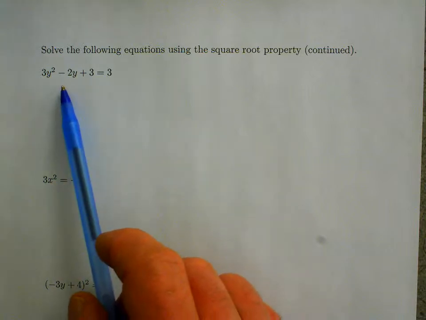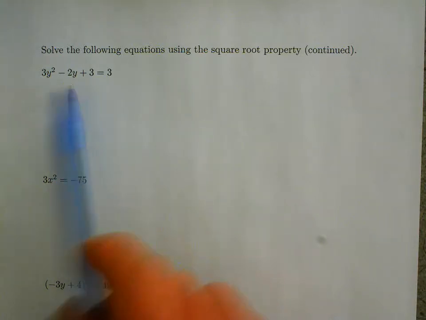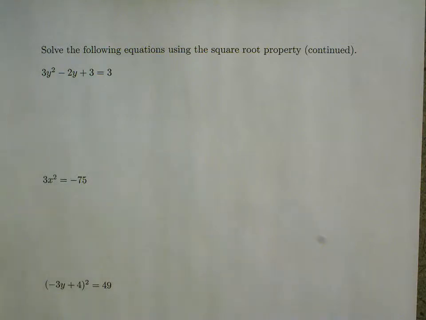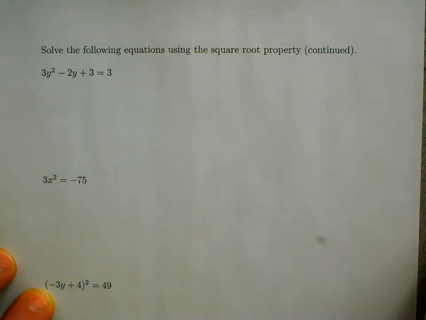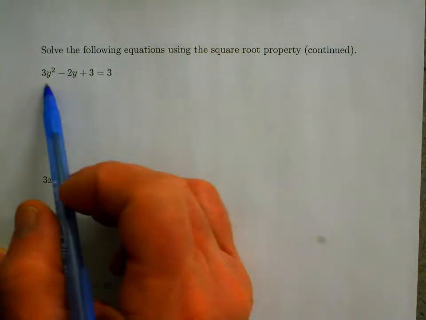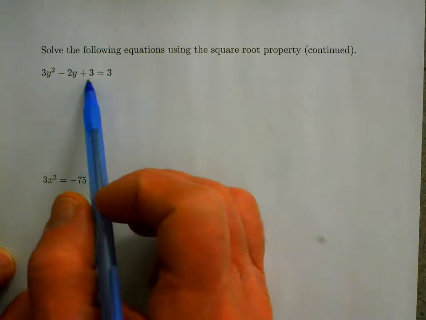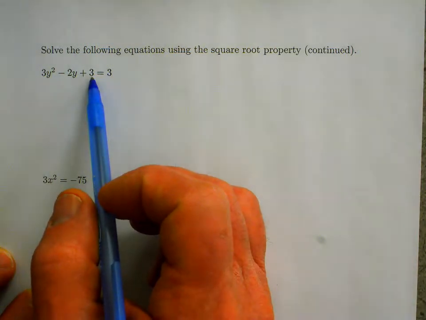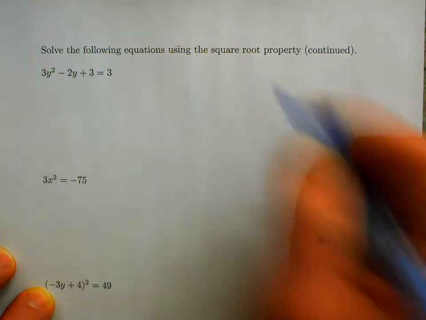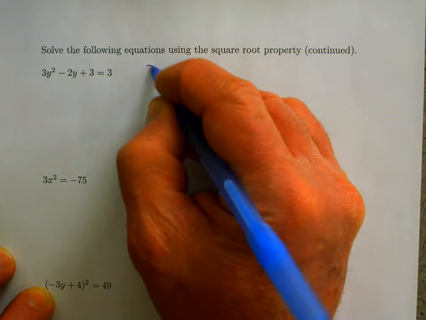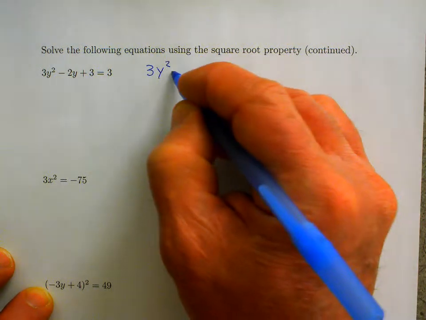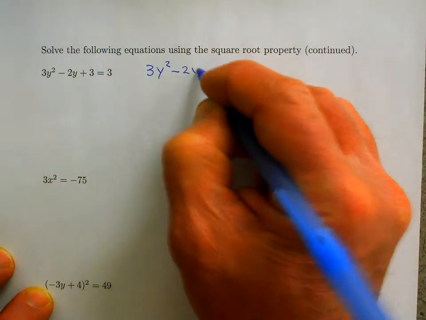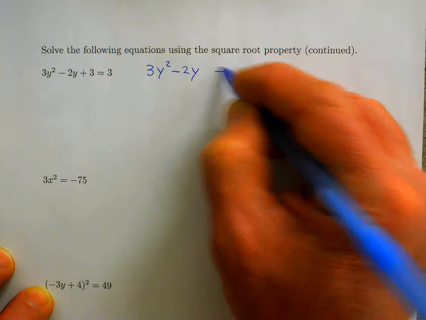So we don't see a binomial squared. We see that there's a y squared term. So what are we going to do? Well, let's subtract 3 from both sides. So we get 3y to the second minus 2y equals 0.